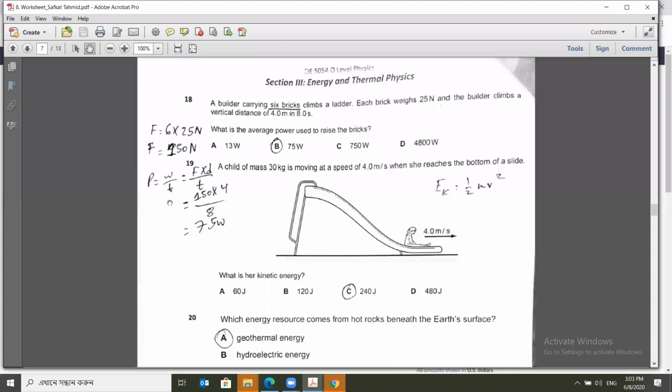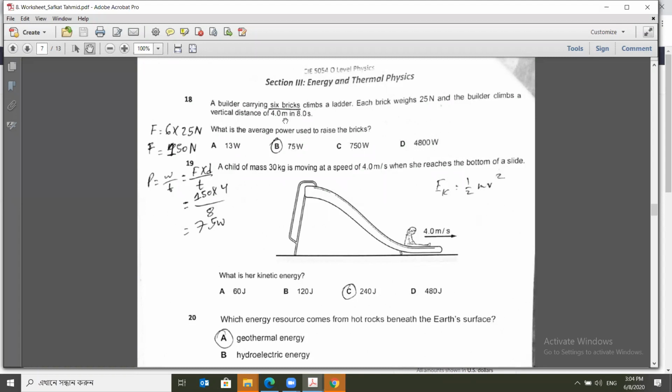So we have here force, distance moved, and time, right? From the formula, P equals work done by time. For work done you are getting force into distance moved, and time is here 8 seconds. 150 multiplied by 4 divided by 8, 75 watt.